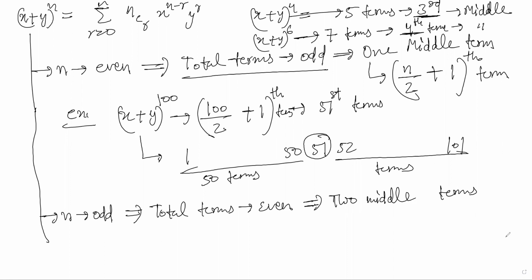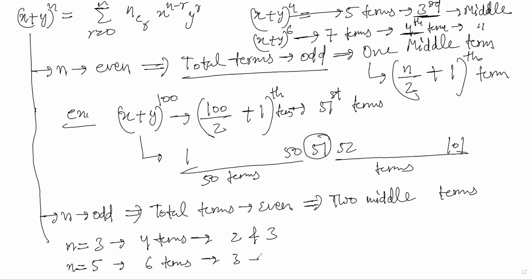So let's try to make an analogy for this as well. If the power was 3, total terms were 4, and the middle terms were the second and third. If n was 5, total terms were 6, and the third and fourth were the middle terms.